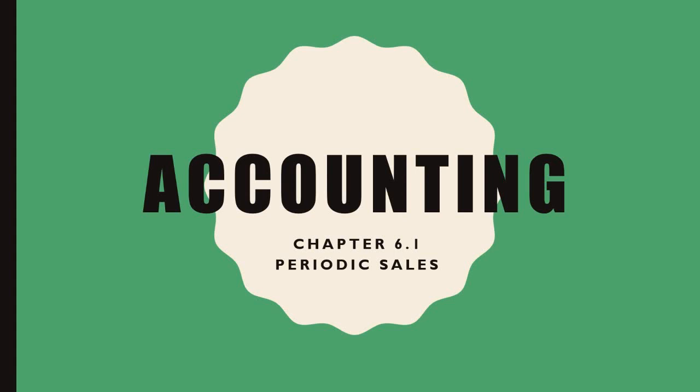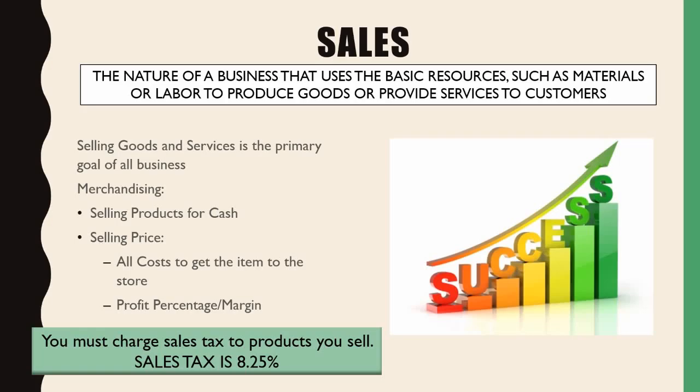So now here is chapter 6 where we talk about what you need to do when you come across selling your inventory that is for periodic inventory, okay? We call this periodic sales.